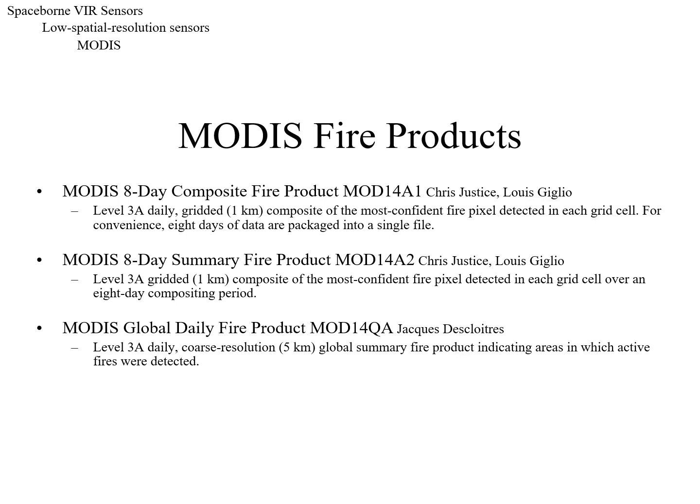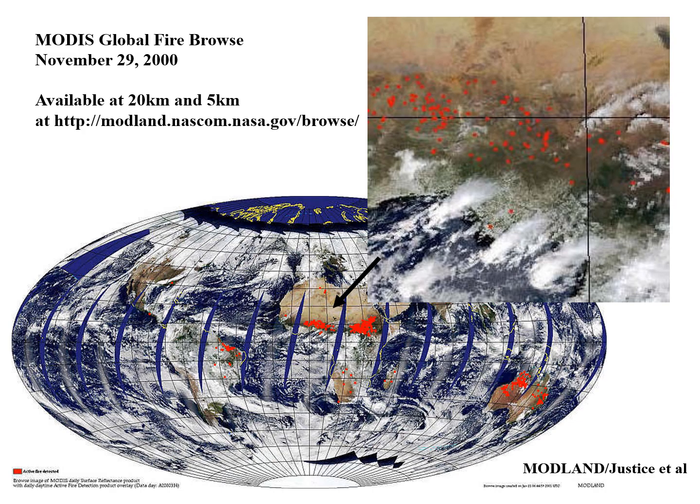And then finally, there's a daily fire product that's done at coarse resolution, 5 kilometers. This is a very important data product because the U.S. Forest Service uses this. Since it's MODIS, you can get a twice-a-day estimate of where there's fire. So you can get early detection, and you can get extent of fire that you can use, and they do use in their daily fire planning.